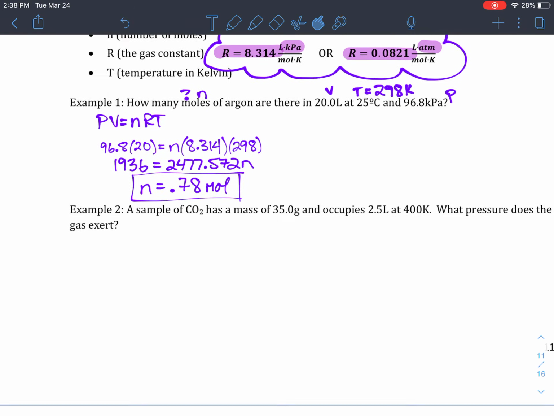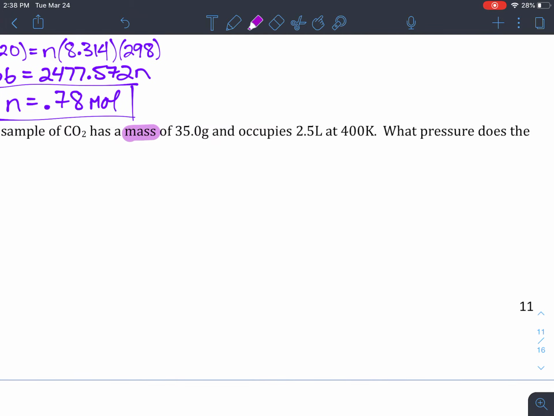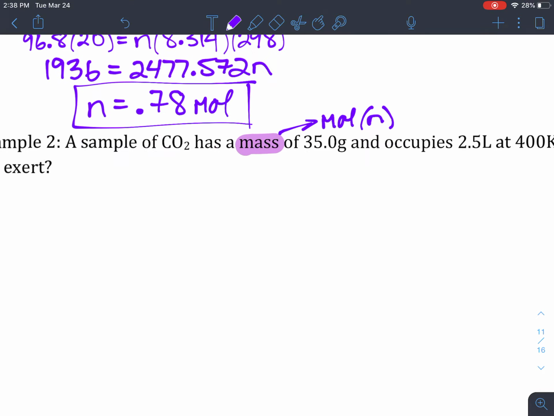Example 2. It says a sample of CO2 has a mass, tricky, a mass of 35 grams. That's an interesting little tricky thing I threw at you guys. So if I give you mass, that number we can use to convert to mole so that we get our N value.